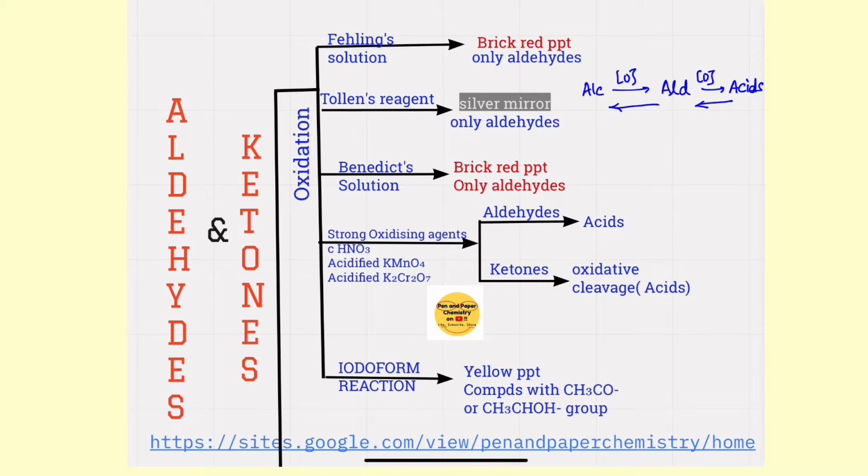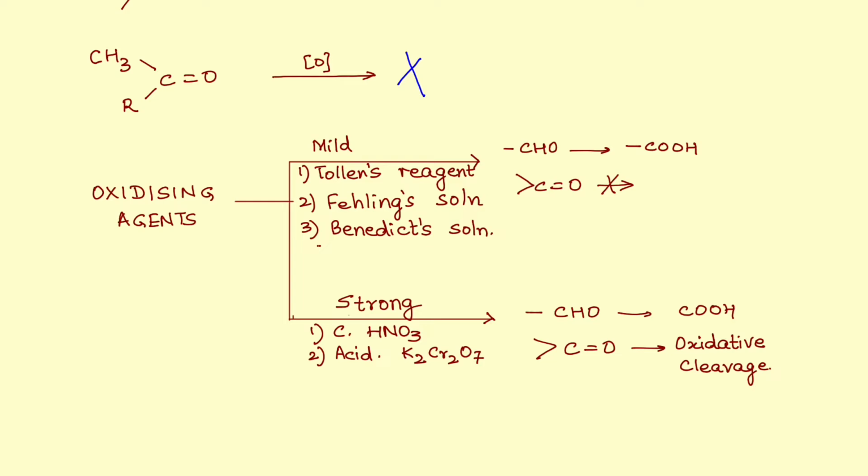So in the presence of strong oxidizing agents, aldehydes do get oxidized and they get converted into the carboxylic acid. On the other hand, the ketones undergo what we call oxidative cleavage. Oxidation, but with breakdown.